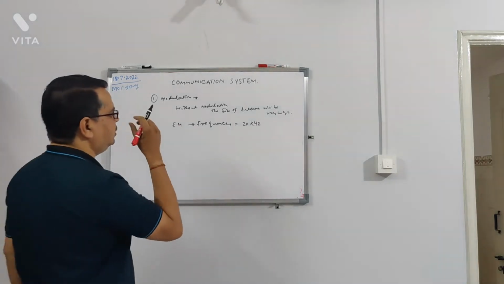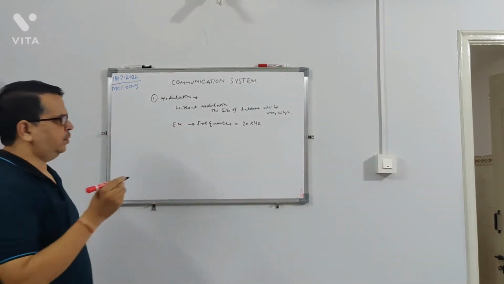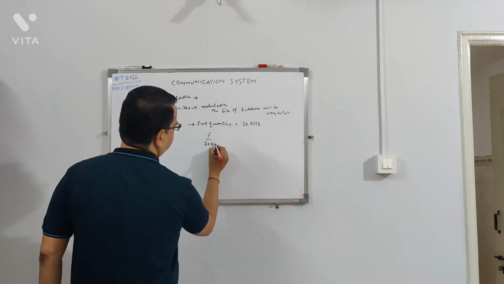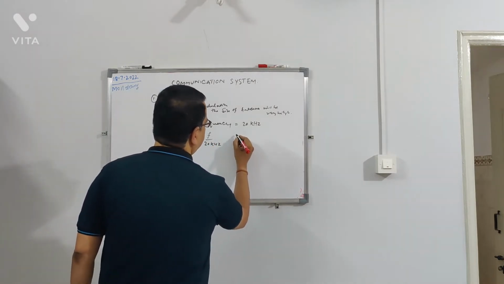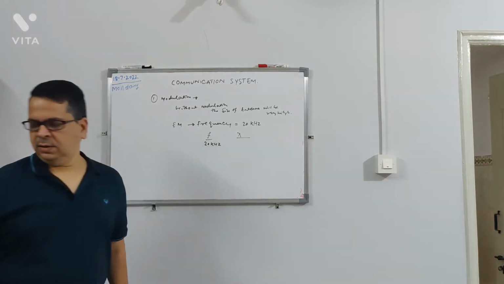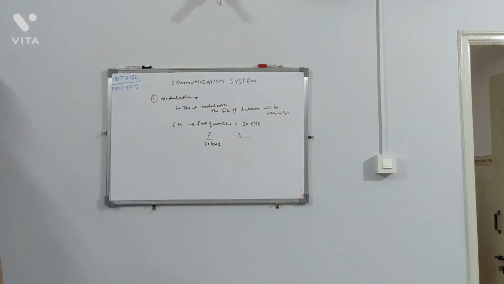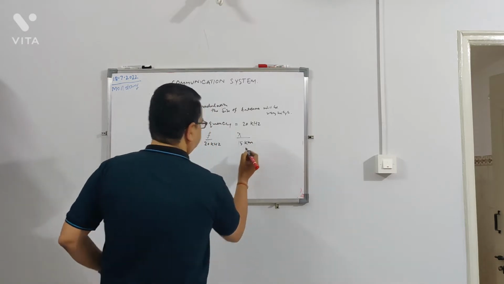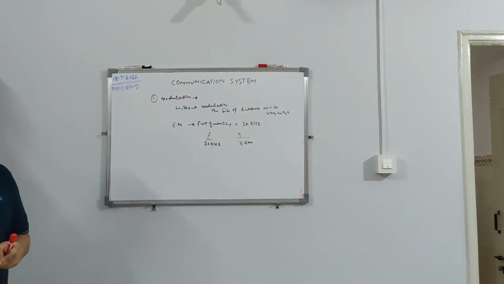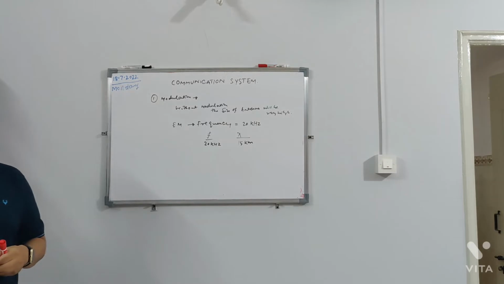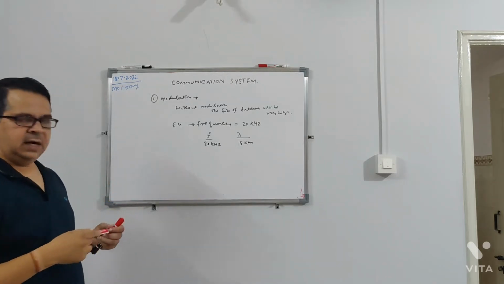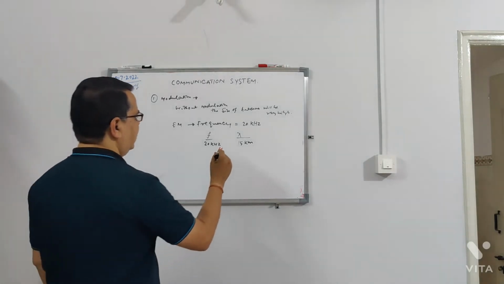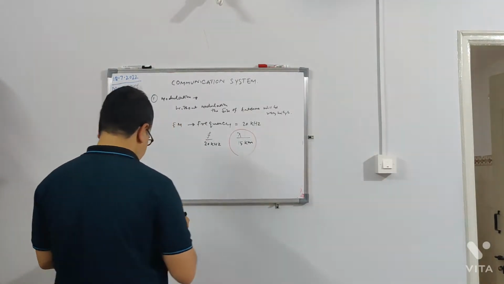The wavelength of this electromagnetic wave corresponding to 20 kilohertz: if frequency is equal to 20 kilohertz, its wavelength lambda will be equal to 15 kilometer. Okay, so there is a relationship between the wavelength and frequency. Using that relationship, you can find out this lambda. So your lambda is now 15 kilometer, okay?